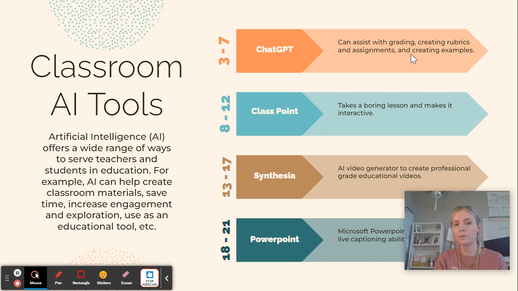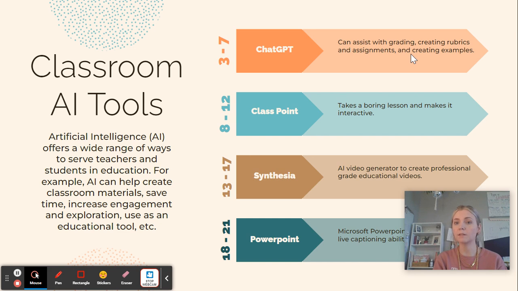So the four main classroom AI apps that I'm going to focus on today include ChatGPT, ClassPoint, Synthesia, and PowerPoint. Just to highlight a couple of the main points about each one, ChatGPT can assist with grading, creating rubrics and assignments, and creating examples.